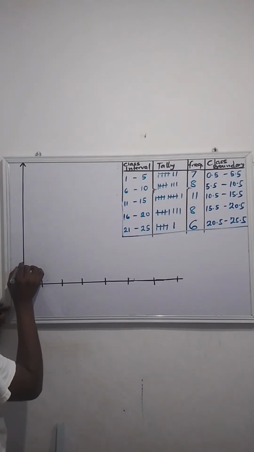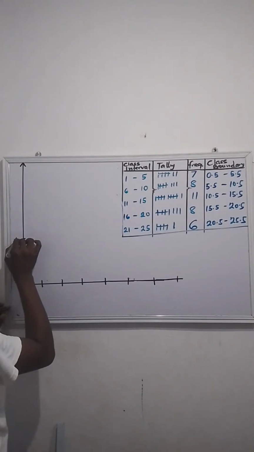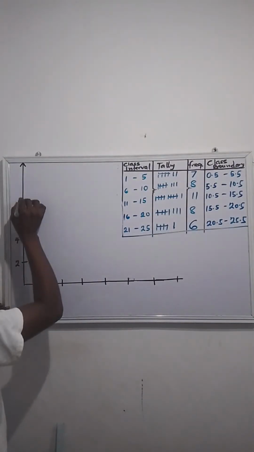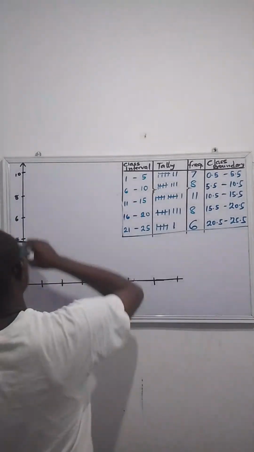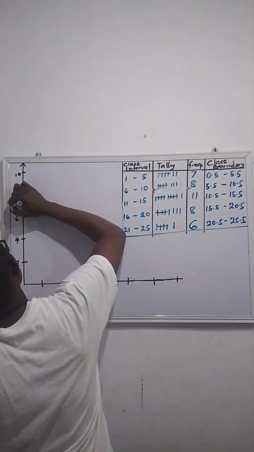Let's say we go to 2, 4, 6, 8, 10. So can we leave here now? Frequency.